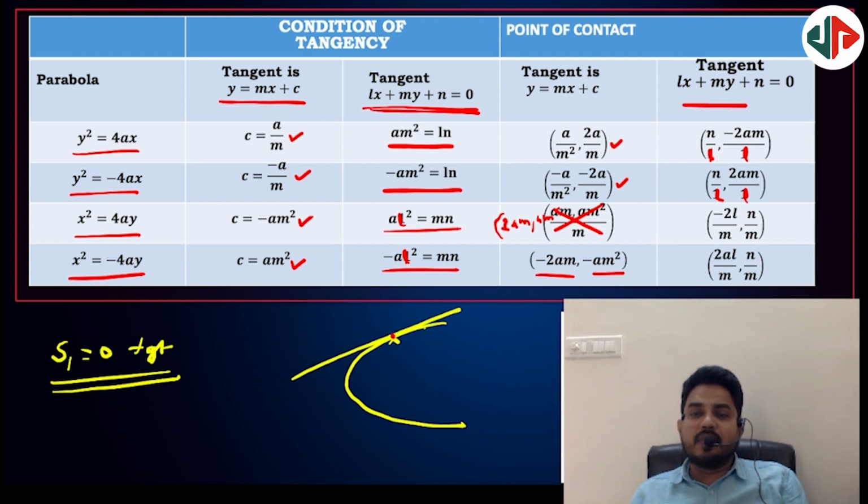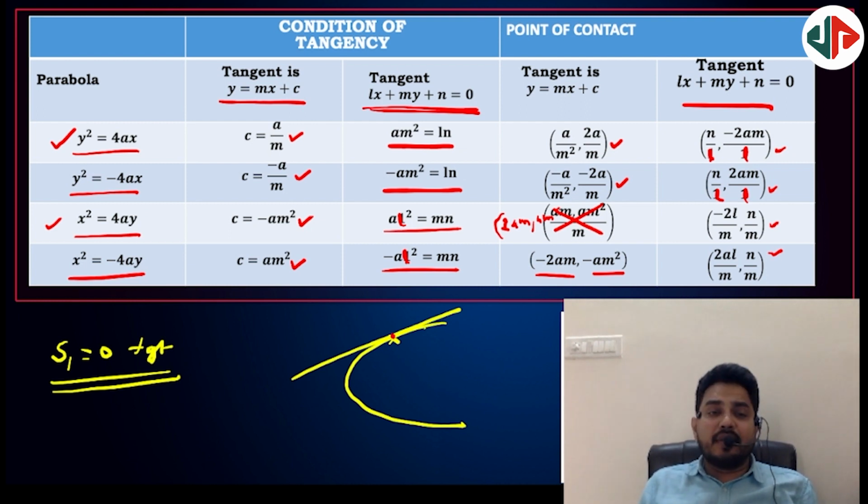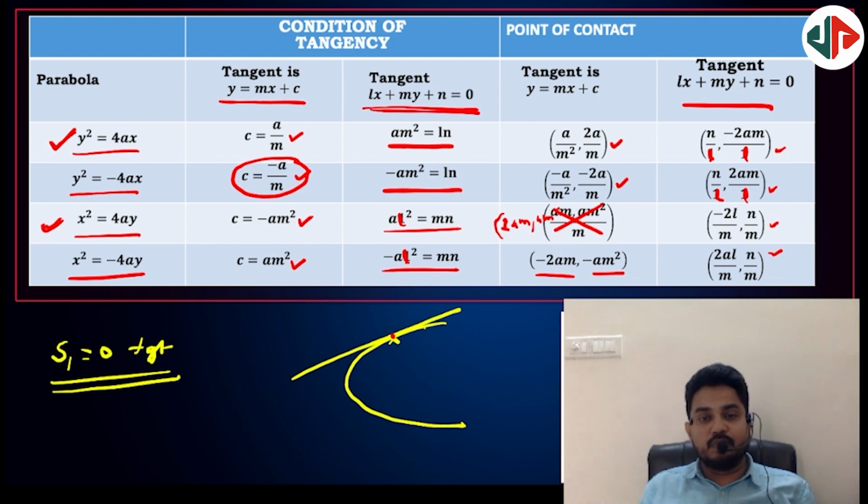So in this case, what is the point of contact? What I suggest you remember basically is this condition and this condition. The remaining is not that important, but try to remember. If any question comes on that, you should be in a position to write. But under any circumstances, you should not miss out on these two.